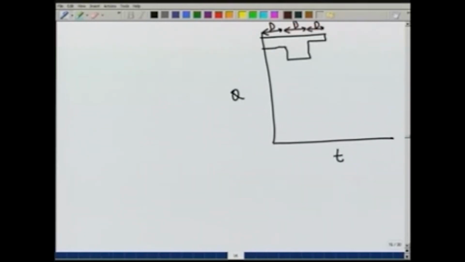But the intensities are different. So, let us say that this ERH has depth d1, this has d2, and this has a depth of d3.